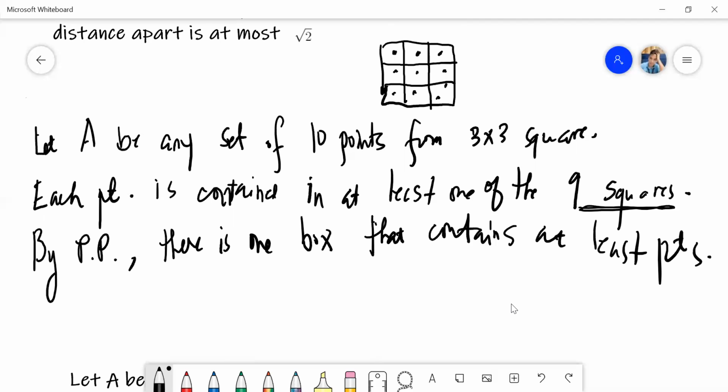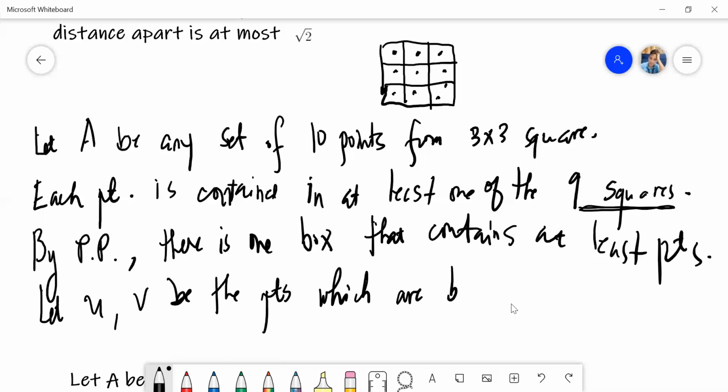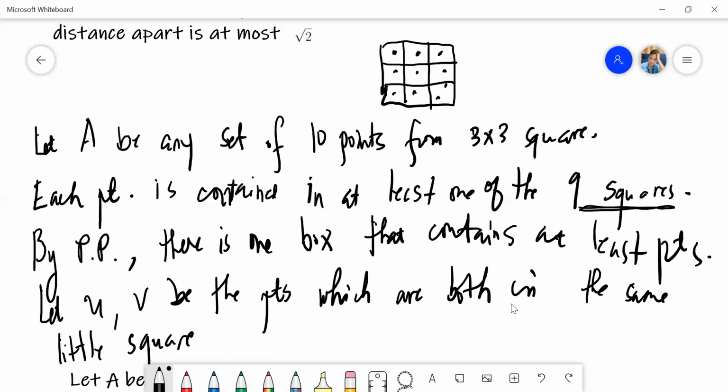So let U and V be the points which are both in the same little square. So this is U, this is our V here.